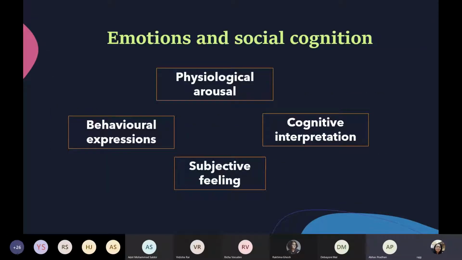Each emotion has a physiological arousal, a cognitive interpretation, a subjective feeling, and behavioral expressions. So the theories on emotions, from age-old philosophy to psychology to neuroscience, have looked at these four features.